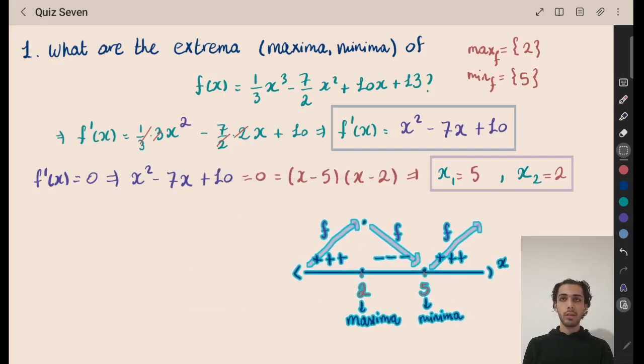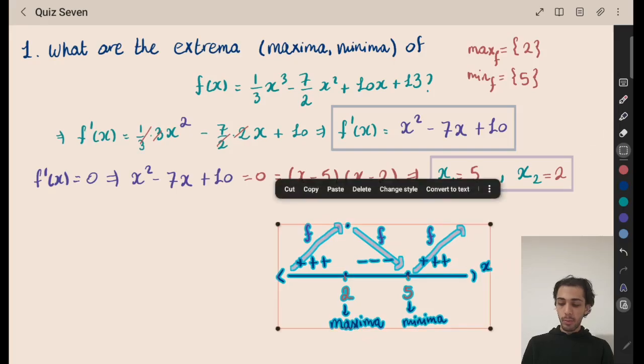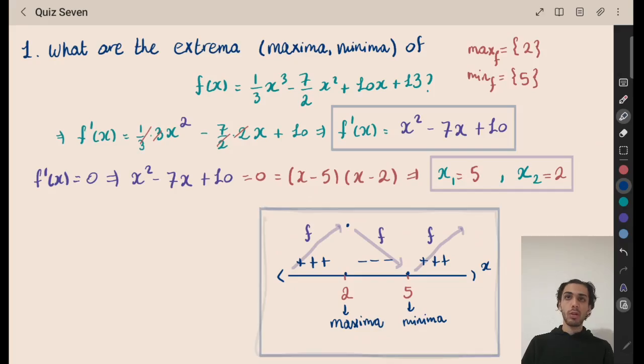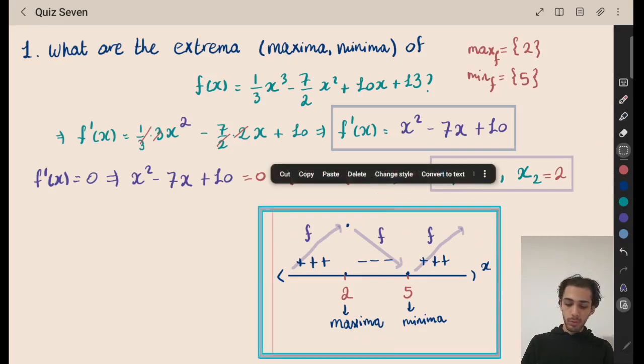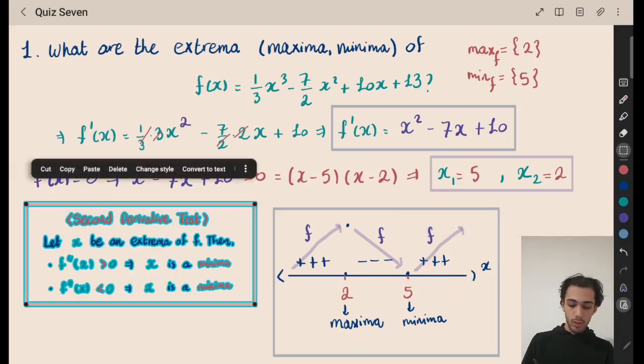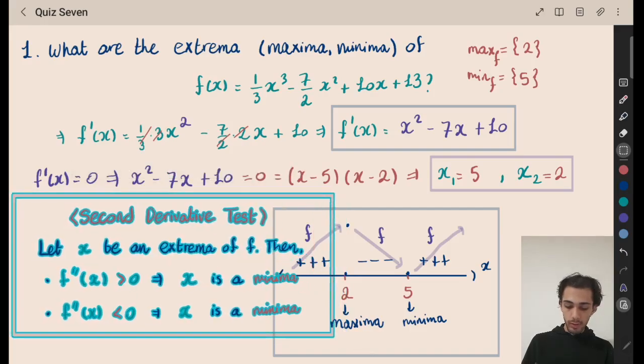So let's say you don't like this analysis part, which we perform right now, and you would like to use another test. So for this purpose, there is something called the second derivative test.